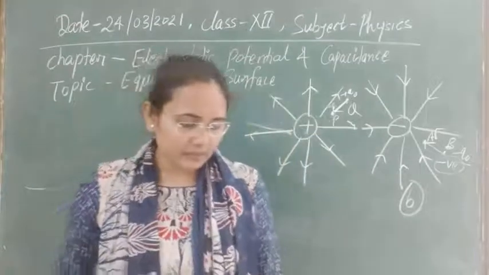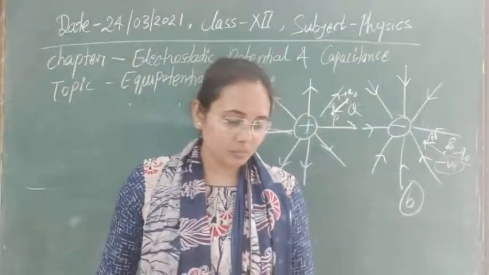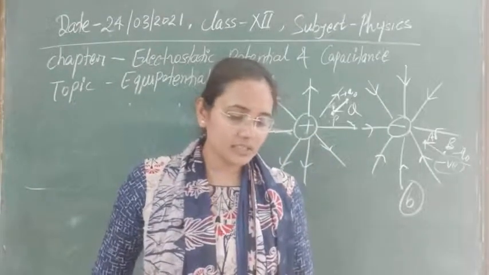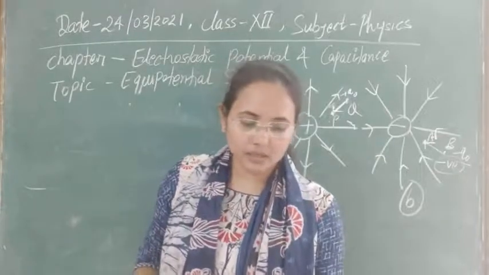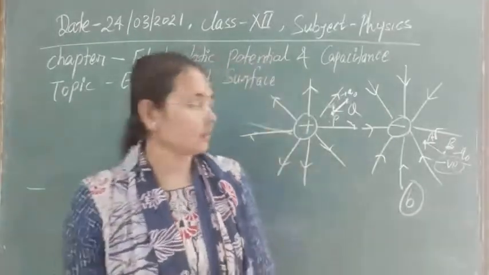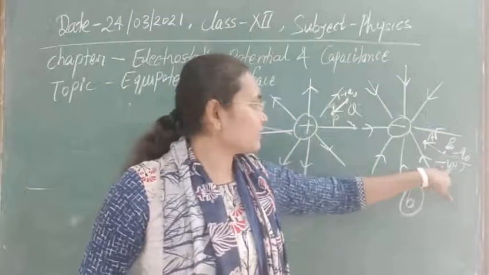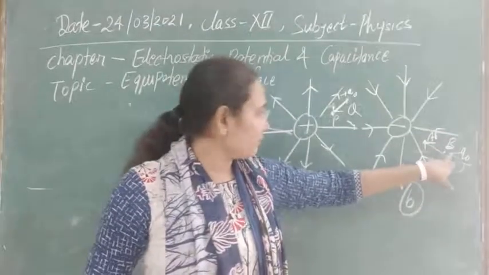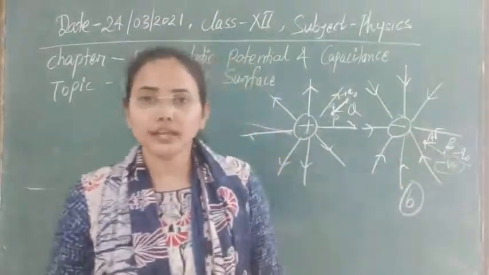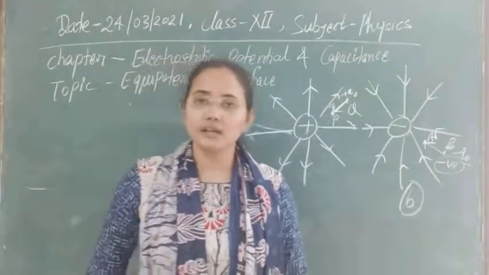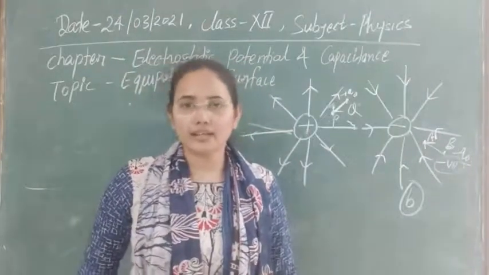Next question we have: does the kinetic energy of a small negative charge increase or decrease in going from B to A? As this is the small negative charge going from B to A, it is asked what will be the effect on the kinetic energy.